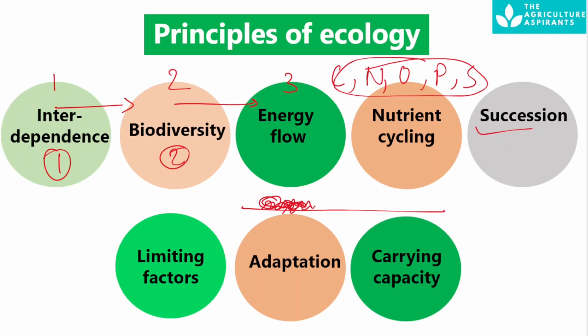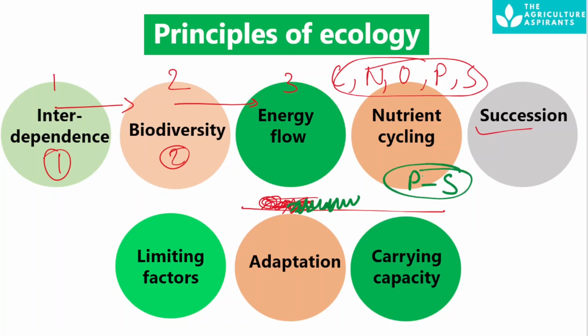If any calamity comes, like a forest fire or grazing, then it gets disturbed. What happens in that place? The next grass will grow. Okay, the next species will replace the earlier one. There are two types of succession, primary and secondary.